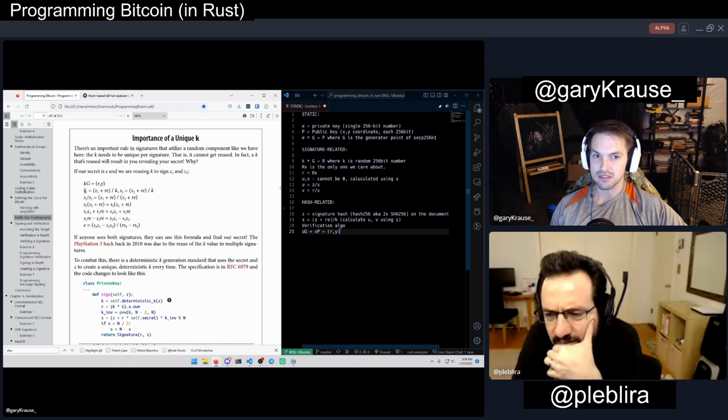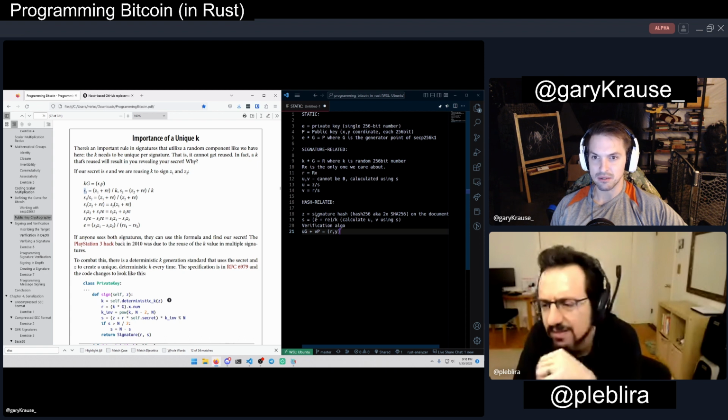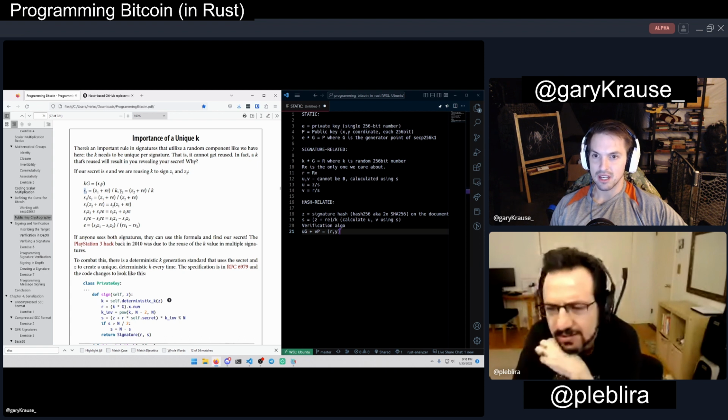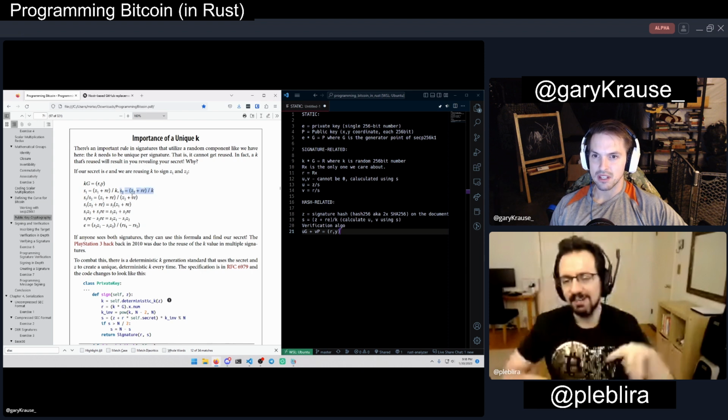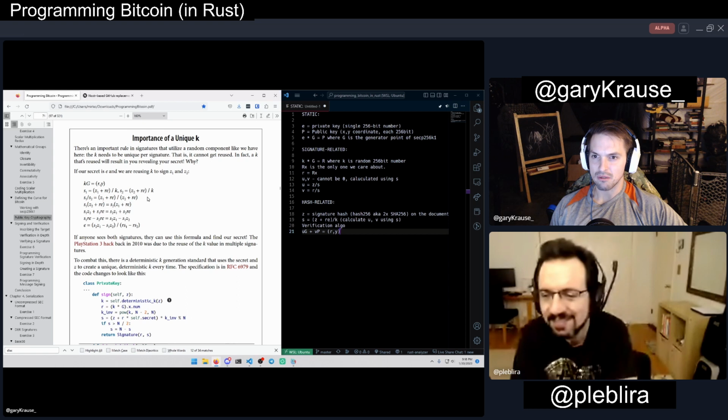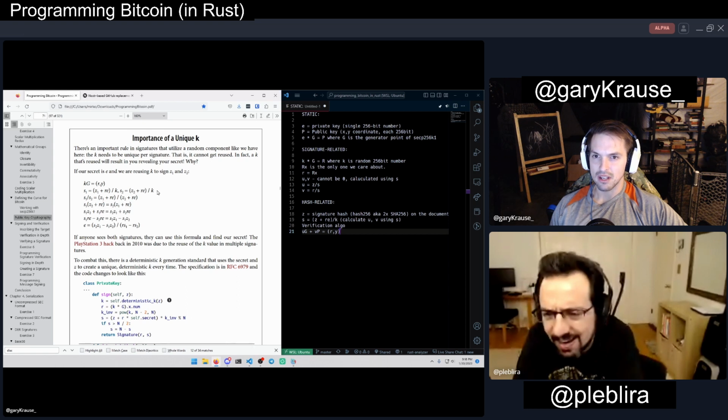Let's see what this goes. So s equals z plus re over k. And this is both of these, the two different ones. They're like running them in parallel. Right. Oh, so by removing k, it basically eliminates k and it compares these two divided by each other.